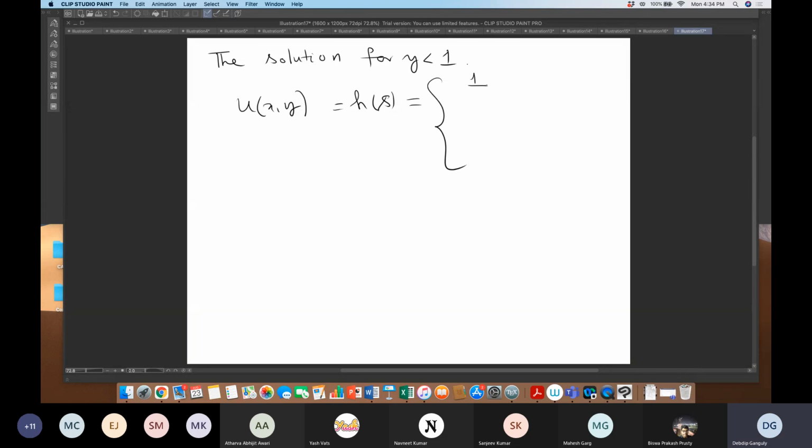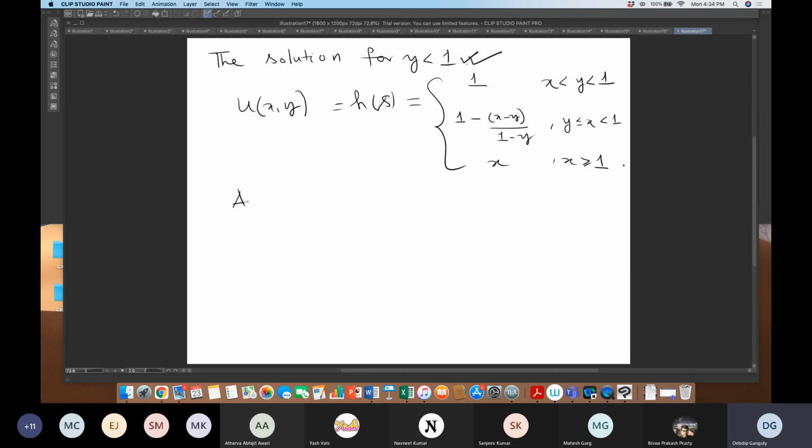This is 1 because h of s we know is 1 if x is less than y less than 1. 1 minus x. Now 1 minus x is 1 minus x minus y, h of s, right? h of s is 1 minus y minus y, and this is x. y less than x less than 1, and this is x greater than or equal to 1. This is your solution for y less than 1.